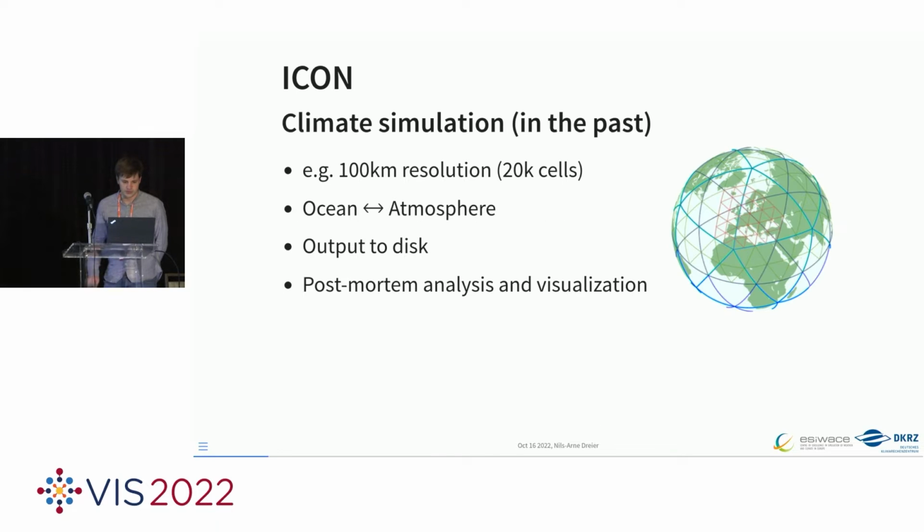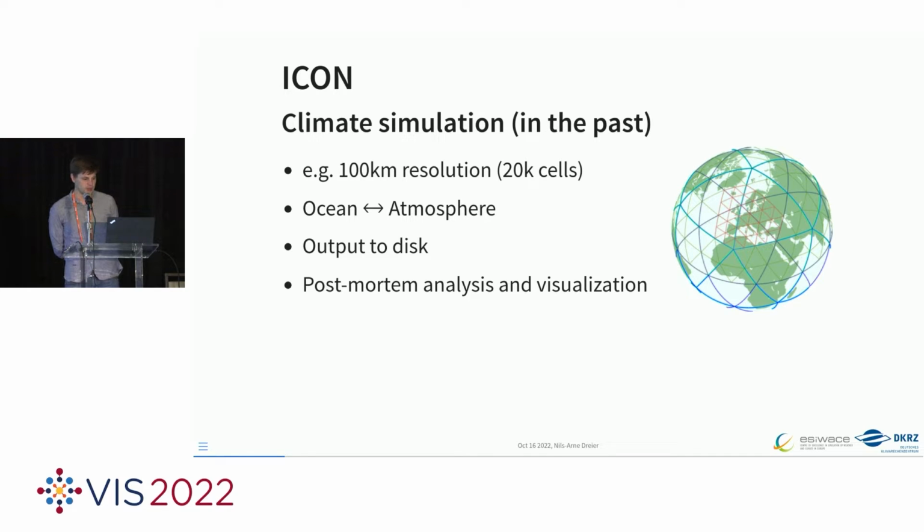So I want to start with a short introduction into our climate model. It is called ICON, and it divides the sphere, the surface of the globe, into triangles. For example, for climate simulation that is like 100-kilometer resolution, which leads to 20,000 cells.